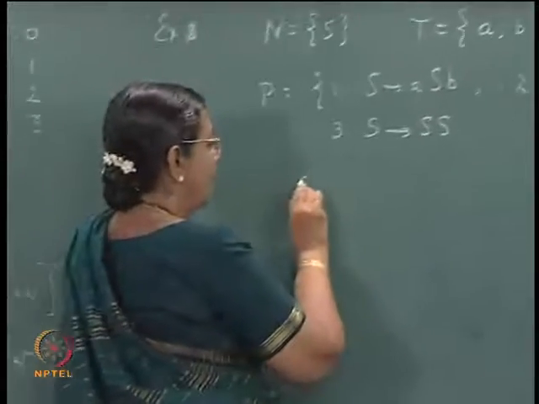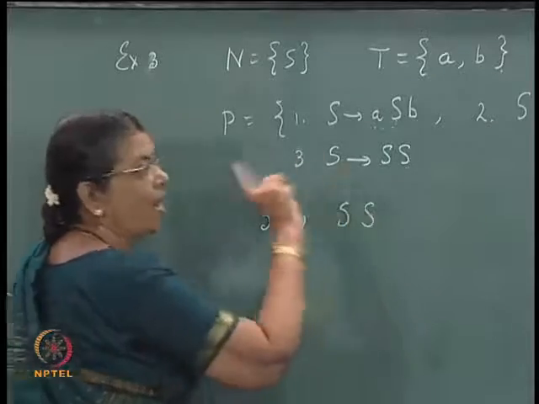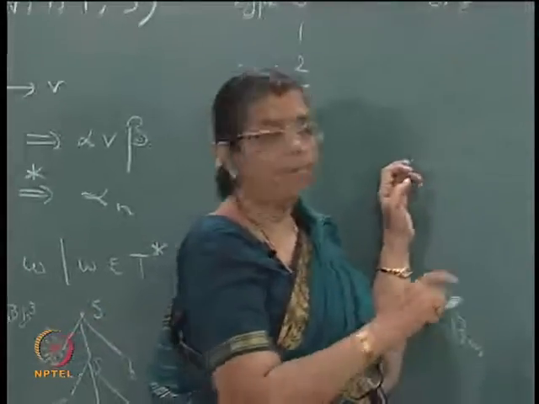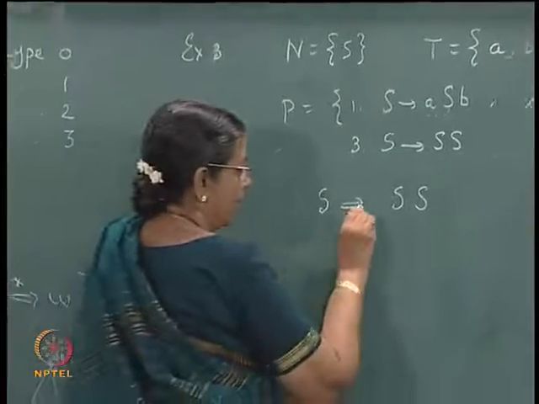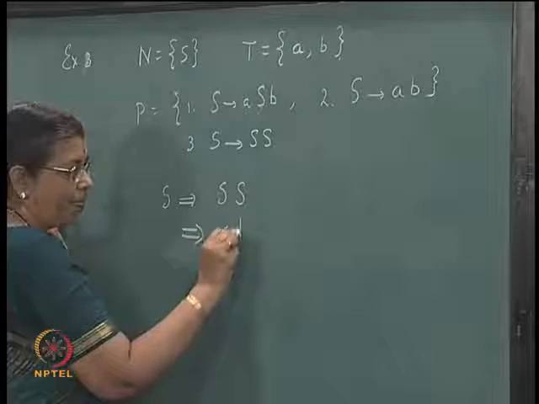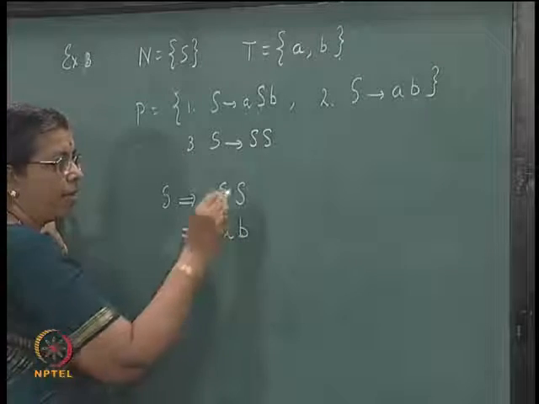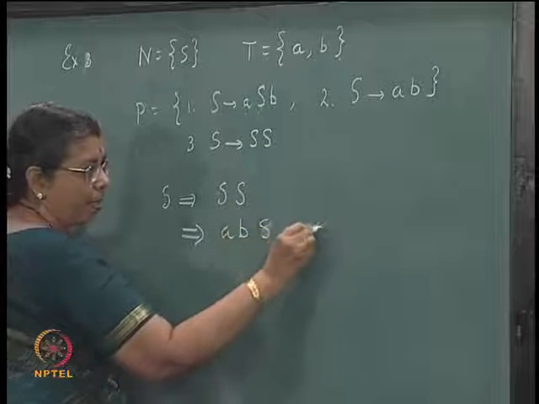Now, let us derive some strings and see. S goes to SS, of course all A power n, B power n can be derived by the first two rules alone. S goes to SS, then from the first S you derive AB, from the second S also you derive AB.